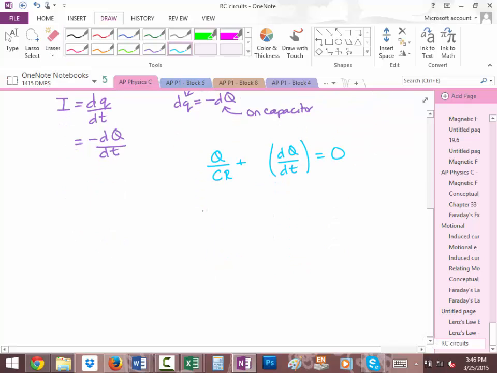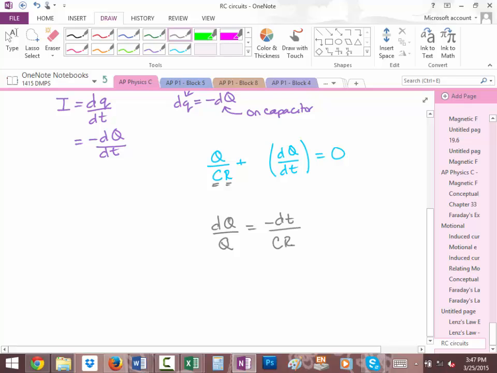So, didn't you say that the big Q is also changing? It is. Oh, no, that's a variable. Yes, yes. So the only two things that are constant here are the C and the R. So I can write this then as dQ over Q, it's supposed to be a Q, there we go, is equal to negative dt over CR.